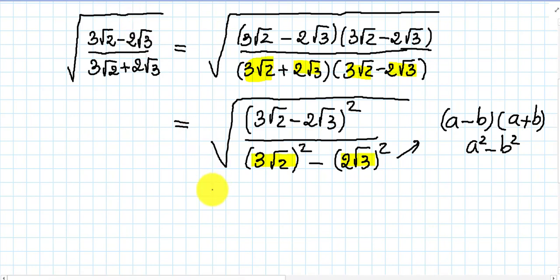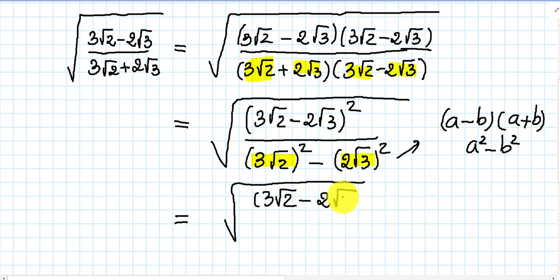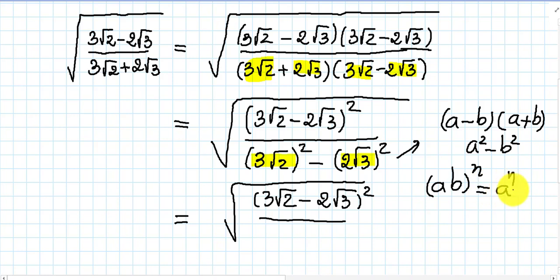And we get 3 square root 2 minus 2 square root 3, all squared, over the denominator. For this part we use the rule ab all to the power n equals a to the power n times b to the power n.